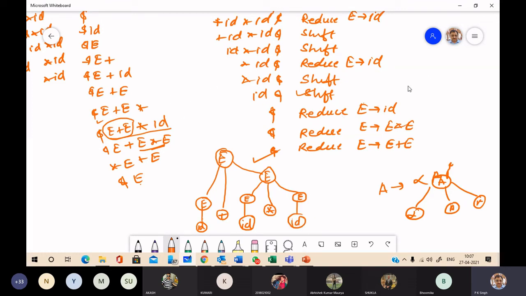For that, first we will discuss handle pruning for this particular case of the expression grammar.